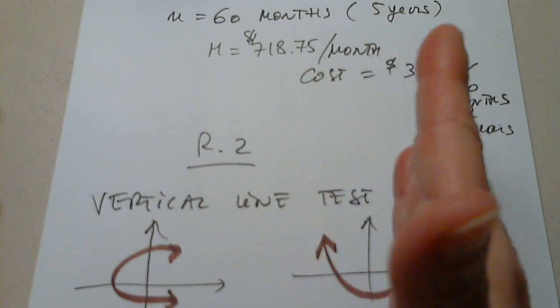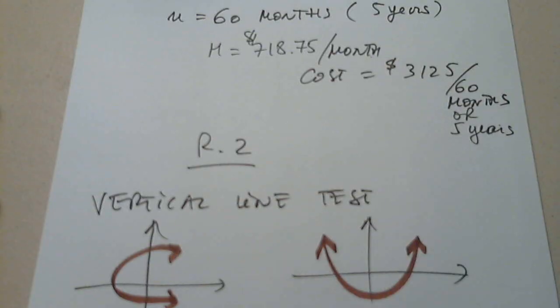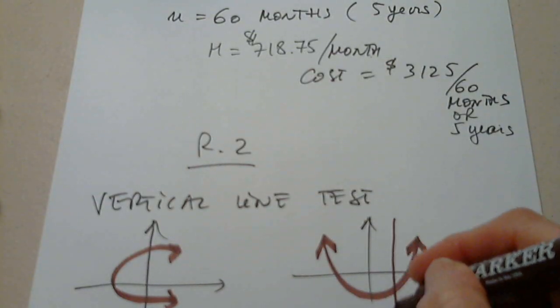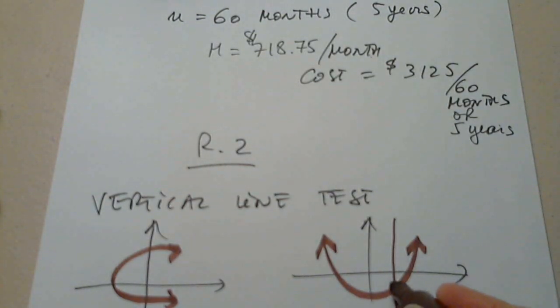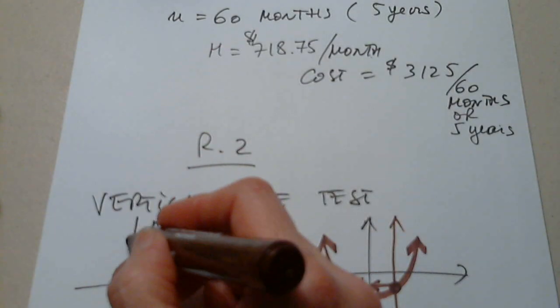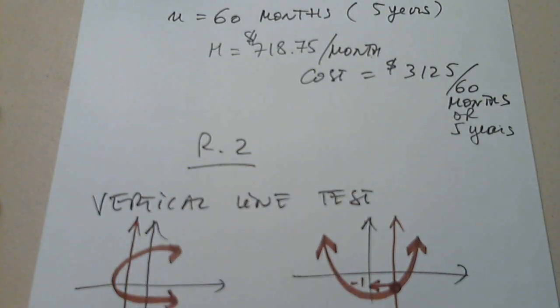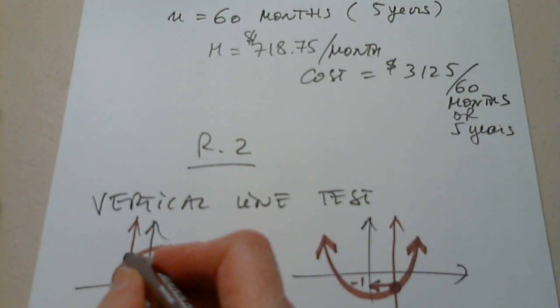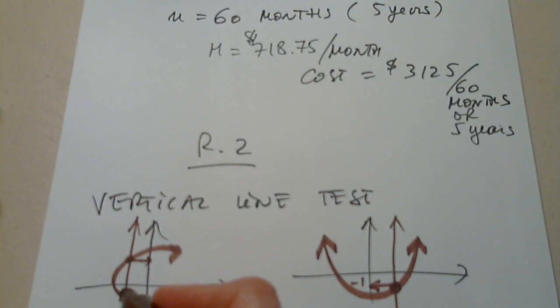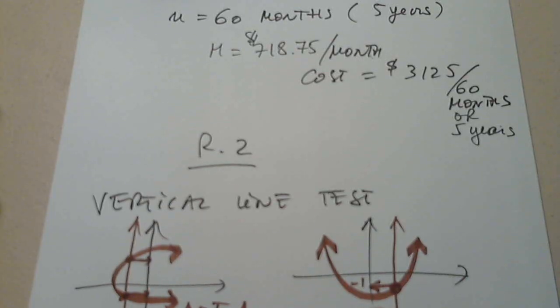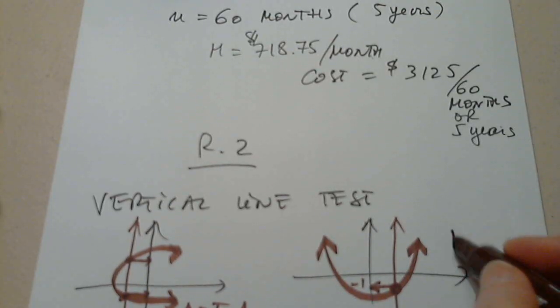By the vertical line test, this is a function. For every x value, we only read one y value. So let's say for x equals 1, I only read y equals -1. But here, for x equals -1, for example, I read a y value and I read another y value. Not a function. Function.